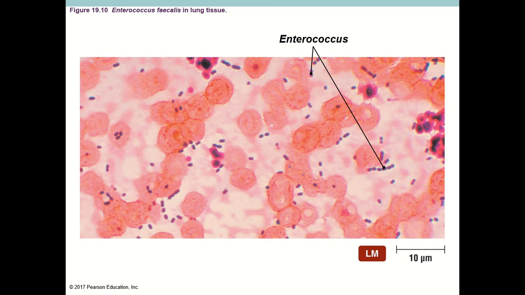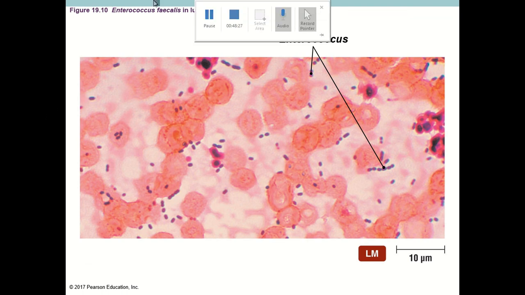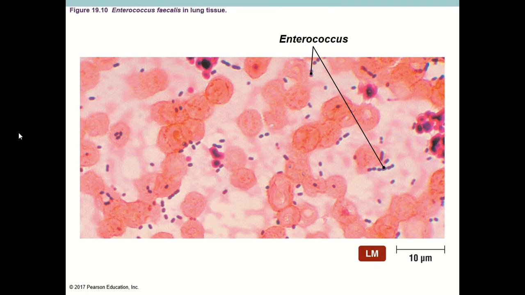So, given the fact that they live in the human colon, they don't necessarily cause disease there, but they can become pathogenic if they come in contact with any other part of the body.